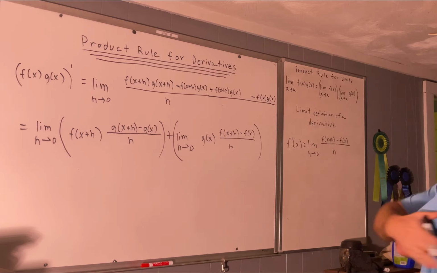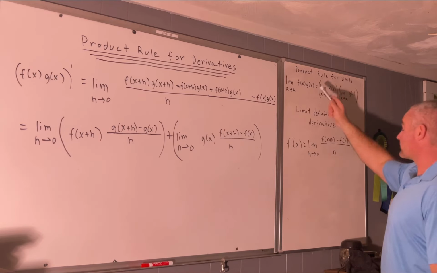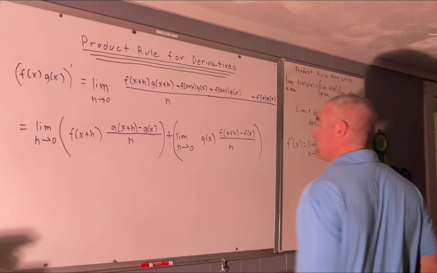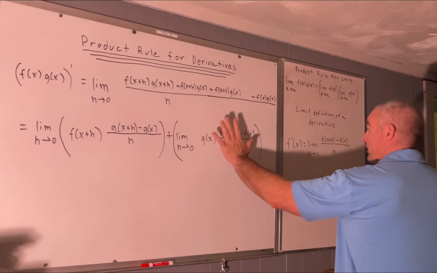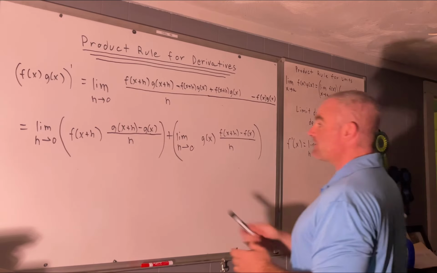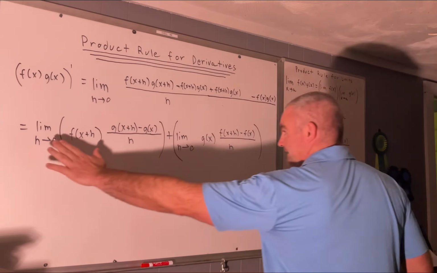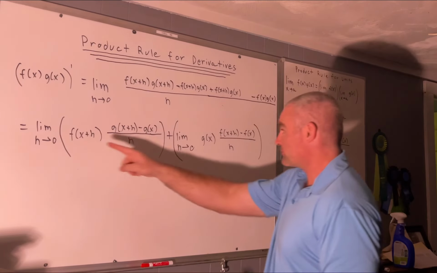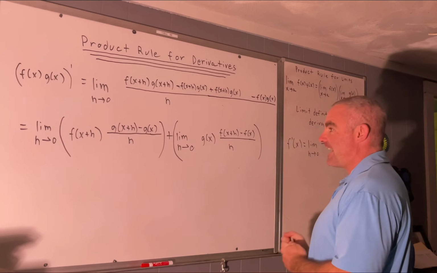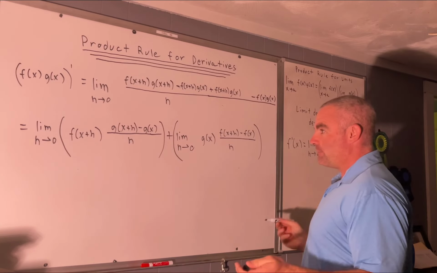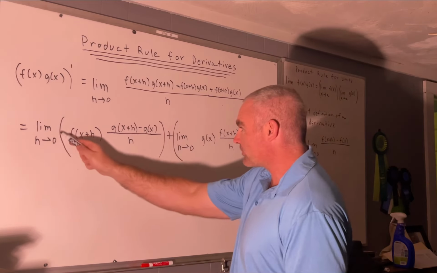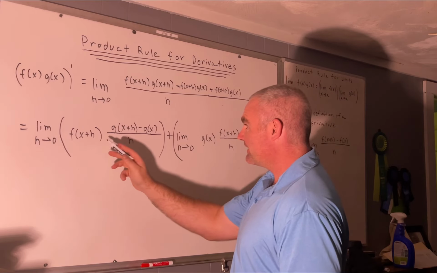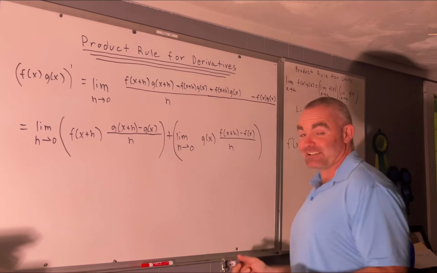Well, now we can use the product rule for limits on this, and we can use the product rule for limits on this. So this limit is going to be the limit as h approaches 0 of this times the limit as h approaches 0 of this. Well, the limit as h approaches 0 of f of x plus h is simply f of x.